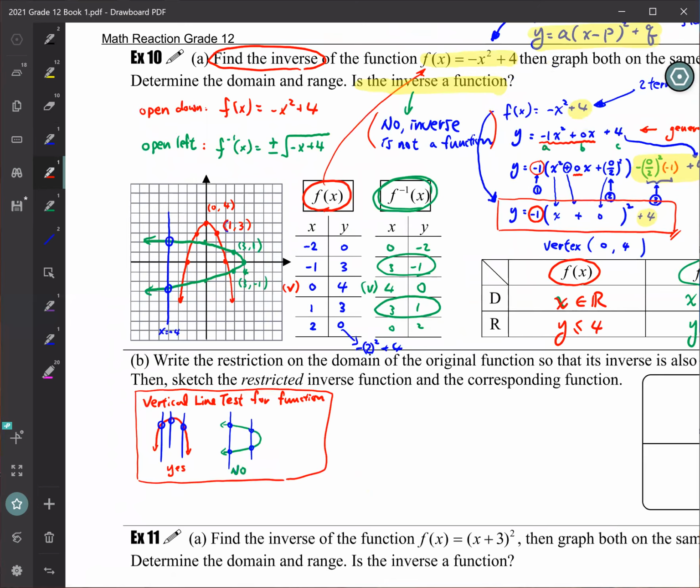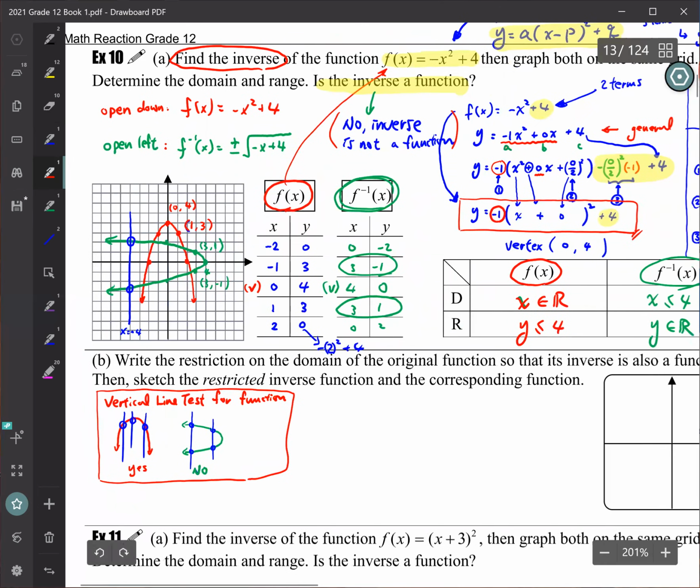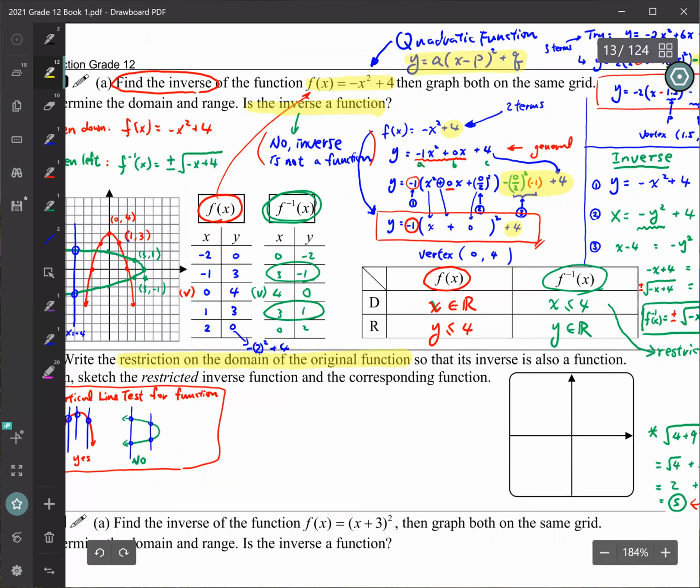Therefore, we have part B. Write the restrictions on the domain of the original function so that the inverse is a function.